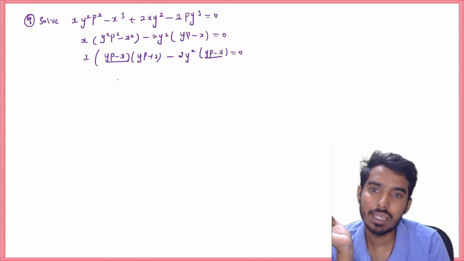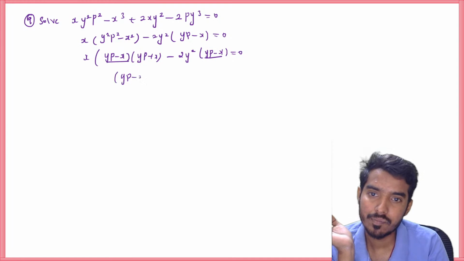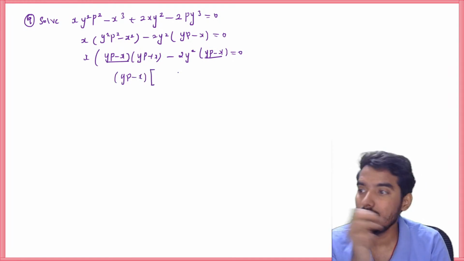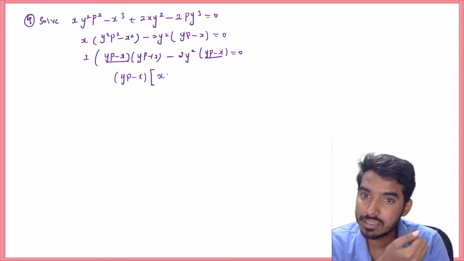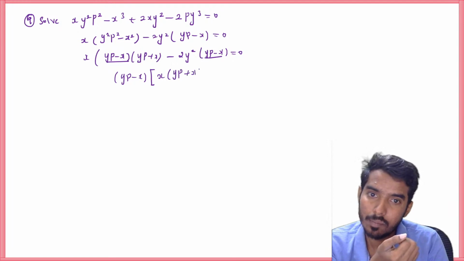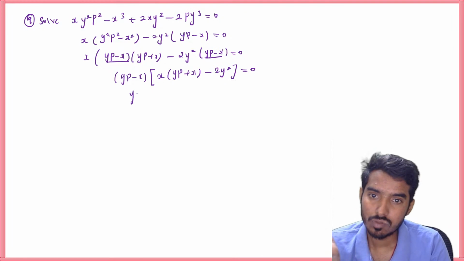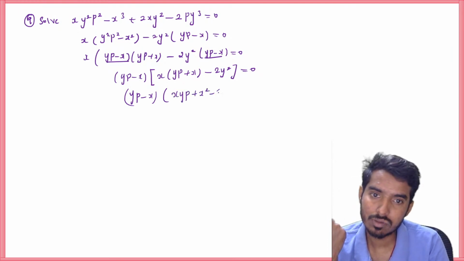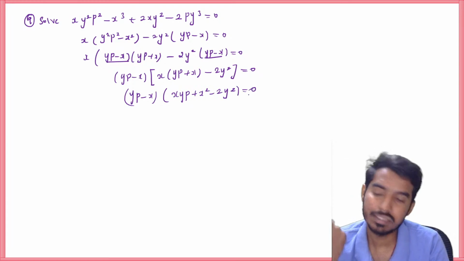Now I can take this yp minus x outside, we will have x yp plus x square minus y square is equal to 0.